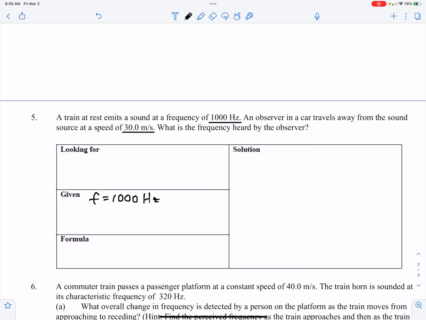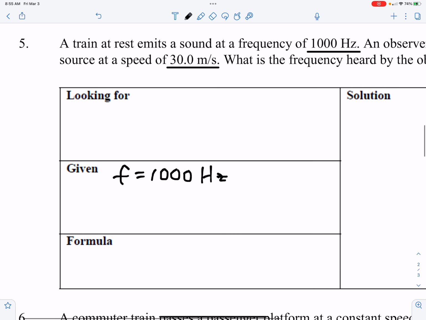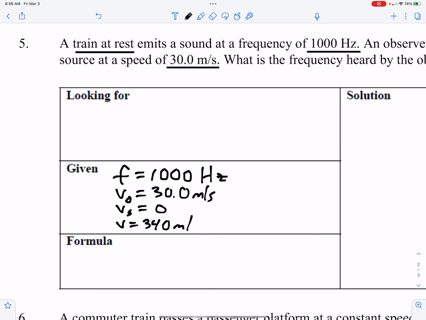So in this case, it's slightly reversed. The speed of the observer is now 30, and the speed of the sound source is now 0 because the train making the sound is at rest. The speed of sound is still going to be 340. You're looking for the frequency heard, the observed frequency.